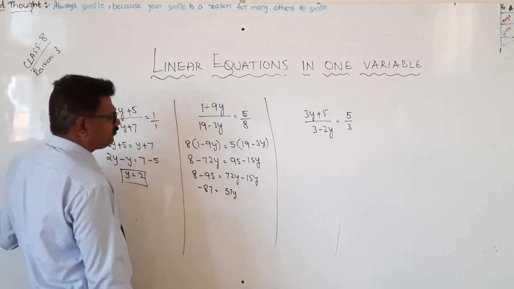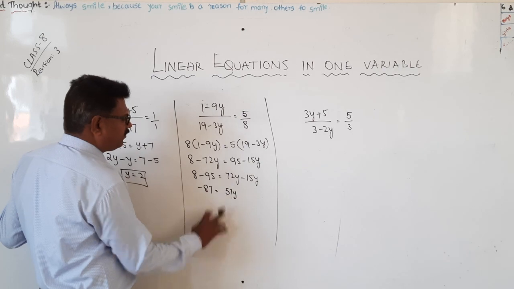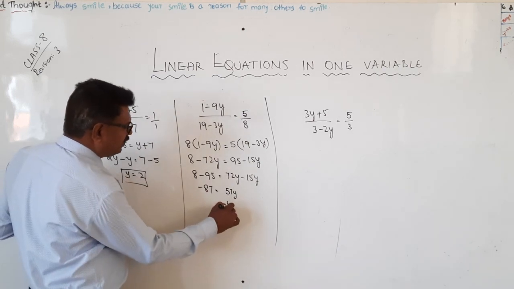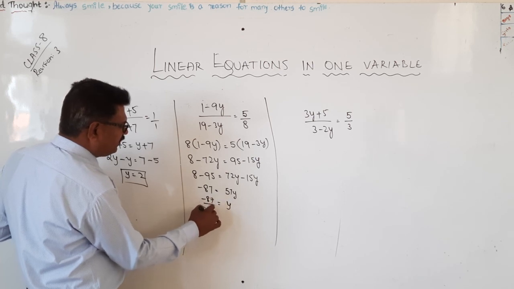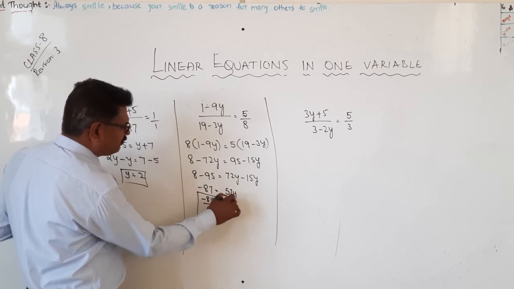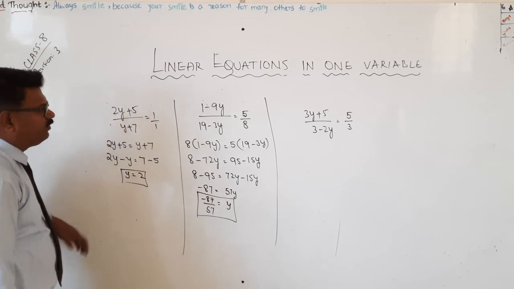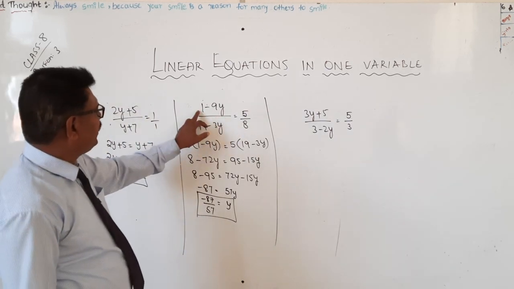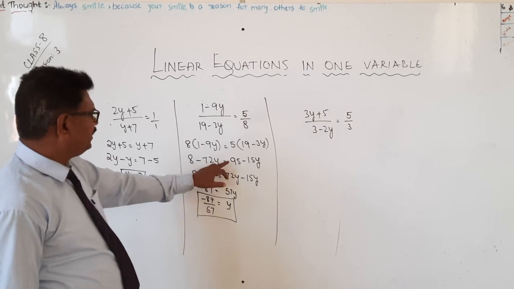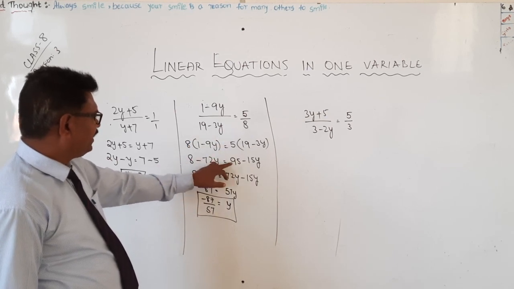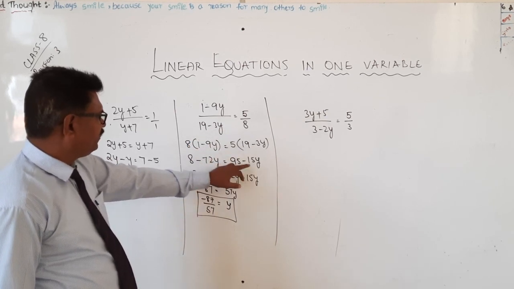57? Yes, sorry, 57. Therefore, y equal to minus 87 divided by 57. One more time you can see: 8 into 1 is 8, 8 9s are 72y equal to 19, 5 9s are 95 minus 15y.